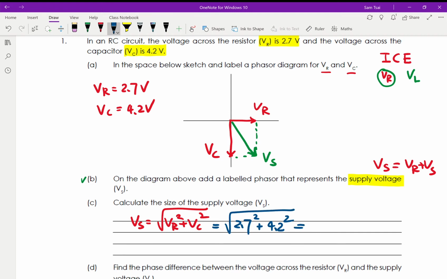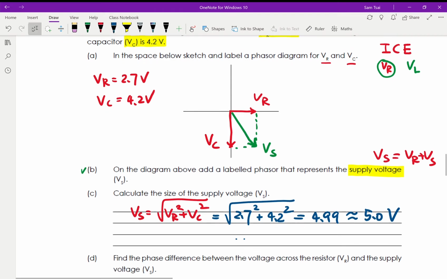From the calculator, the answer is 4.99 volts. You can round it to 5 volts, because if you round to two significant figures, it will be 5. So this is our answer for VS.